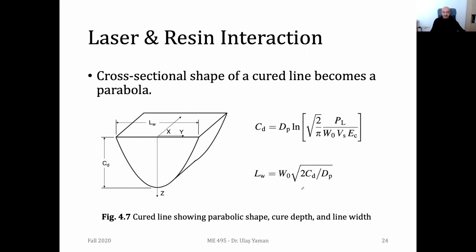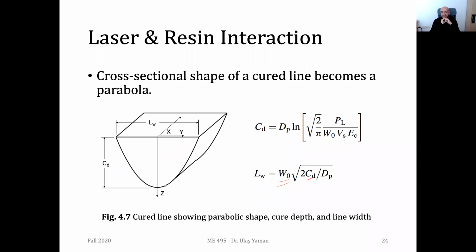It depends, as you see, on the laser beam radius. Obviously, if you have a larger laser beam, then you will be increasing that cross section. And on the other hand, if the curing depth is higher, then again we need a larger beam, a larger cross section.